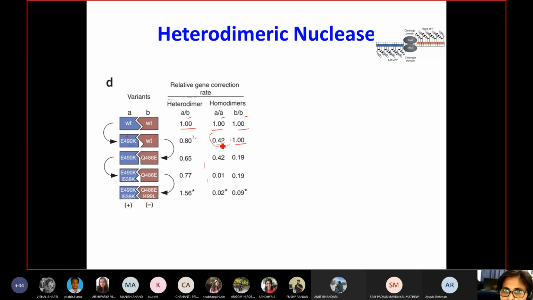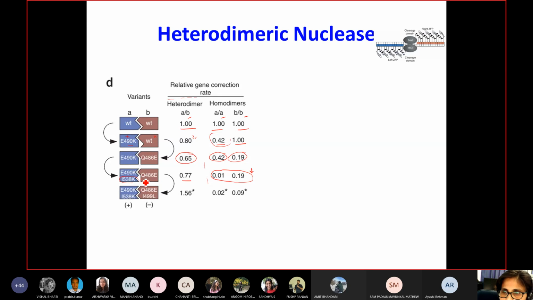Now, in the other case also, if you change Q486 to E, then this homodimer formation is reduced, in this case 0.49. Here this is reduced 0.2, and the heterodimer is up to 0.65. Now slowly they also mutated isoleucine 538, then the homodimer formation goes down drastically, whereas the heterodimer formation is still intact.